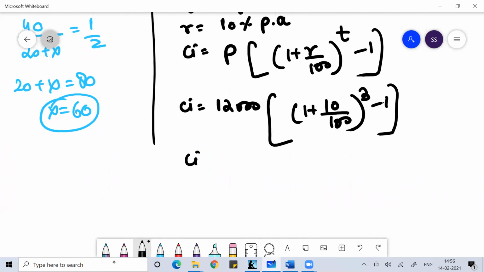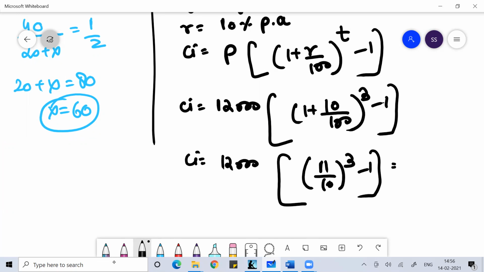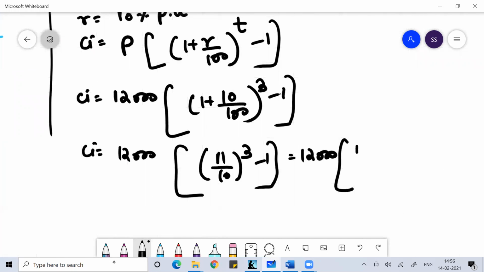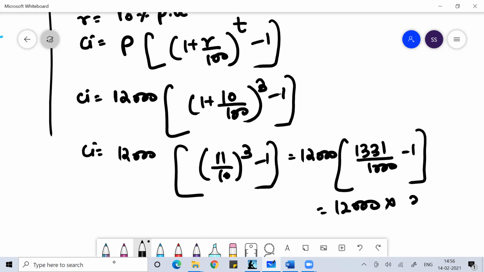So the value of compound interest is 12,000 into (1 plus 10 by 100, which means 11 by 10) to the power 3 minus 1. So this is 12,000 into 1331 divided by 1000 minus 1, which is 12,000 into 331 by 1000.